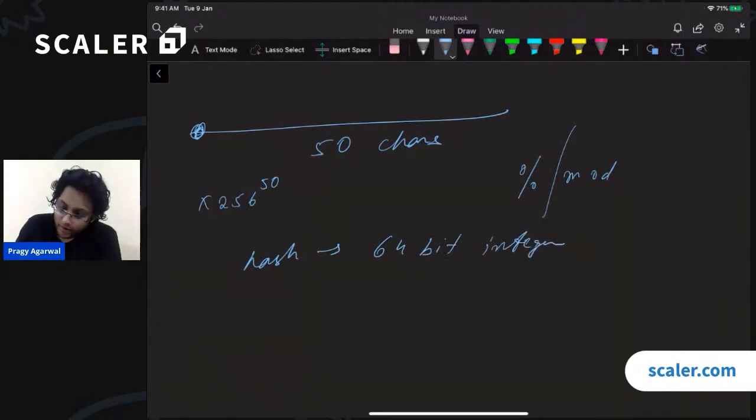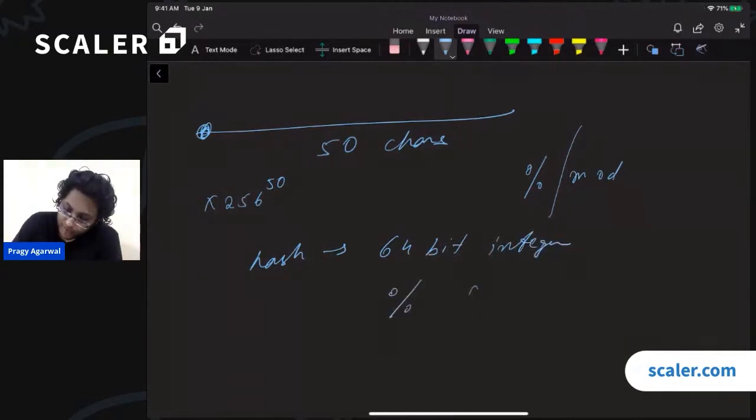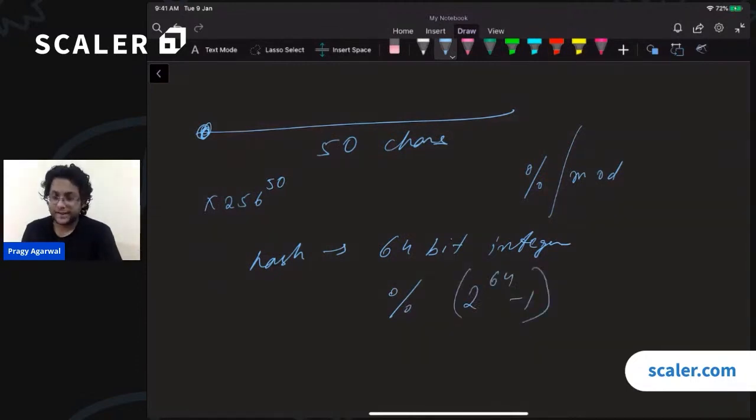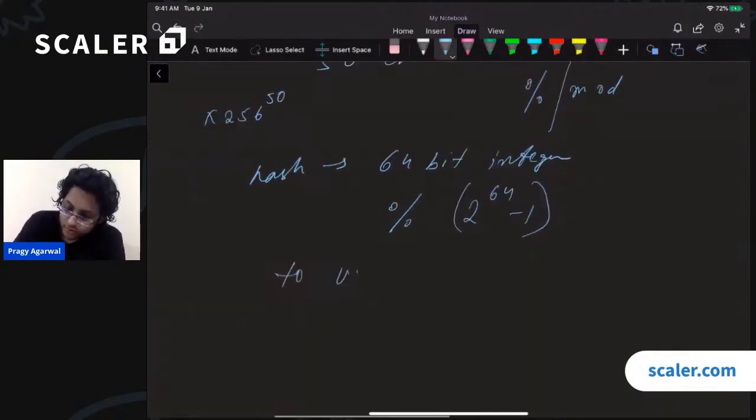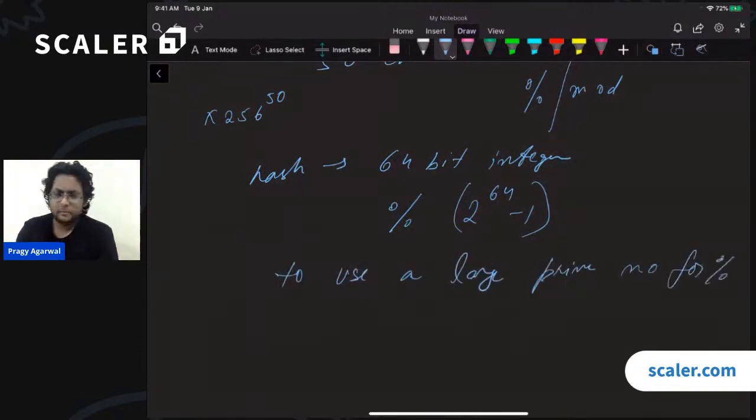Then we can simply mod it by 2 to the power 64 minus 1. Usually it is still a better idea to use a large prime number for modding, because if you use a prime number, it has a slightly better distribution for the hashes.